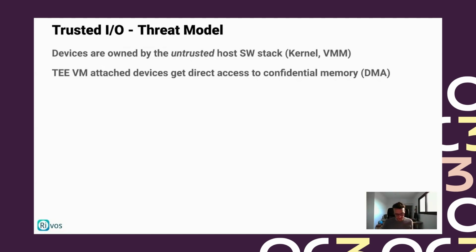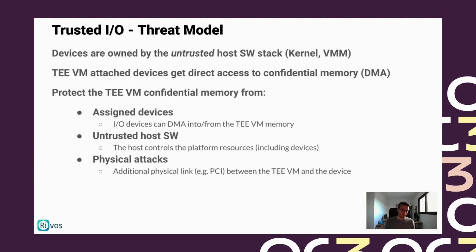So what we're trying to protect is the confidential memory, the TEVM confidential memory, and we're trying to protect it from the assigned devices, first of all. The IO devices that we're going to assign in the trusted VM are going to be able to DMA into and from the TEVM memory.